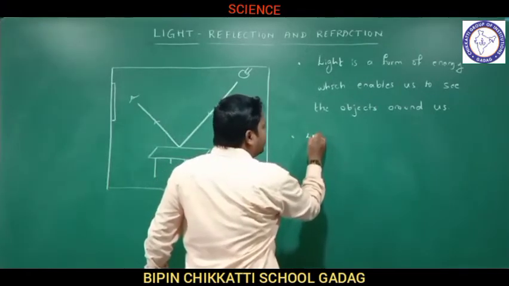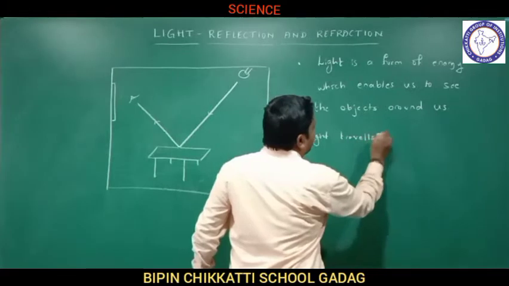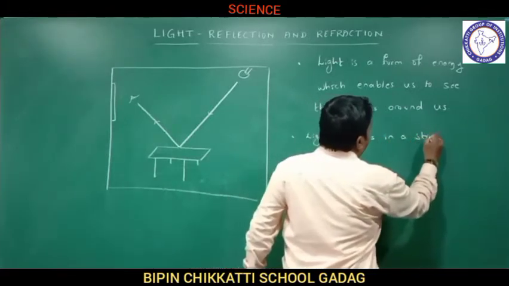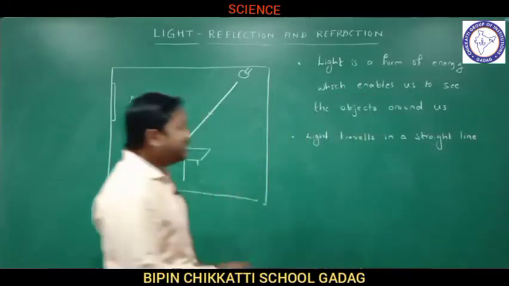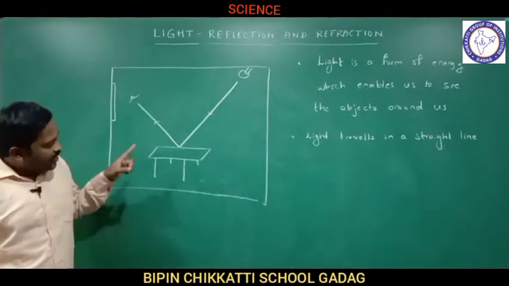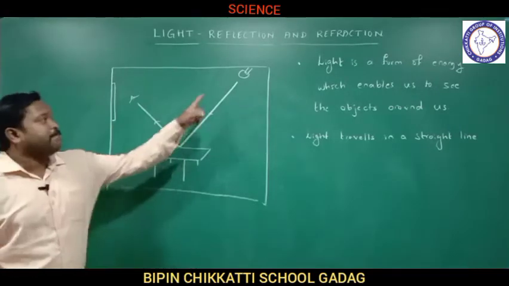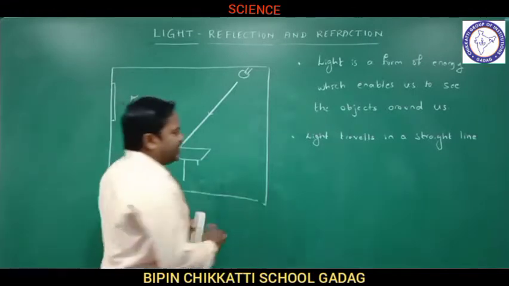Another thing about light is that light travels in a straight line. Always light travels in a straight line. And another thing we need to know here is the path traveled by light is called a ray. Let us write down here.